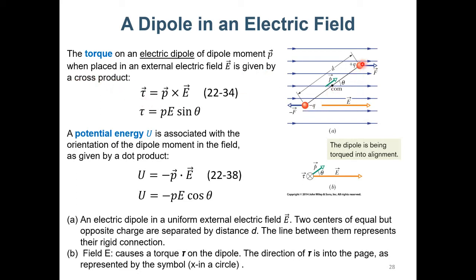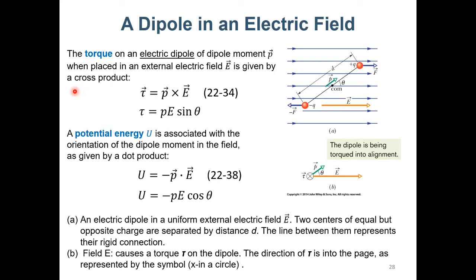So there will be a torque on this dipole, and the torque is P cross E. This is the cross product.